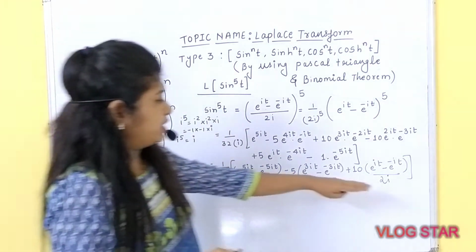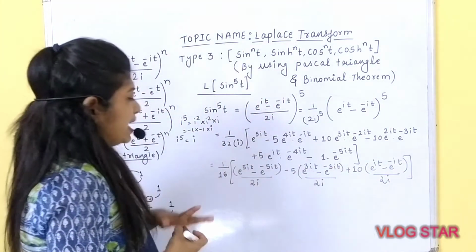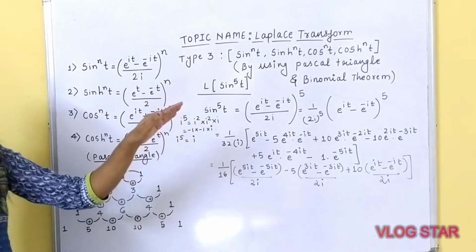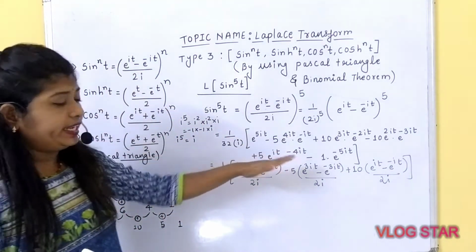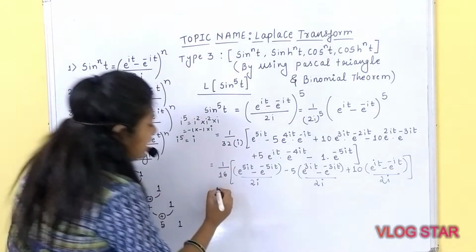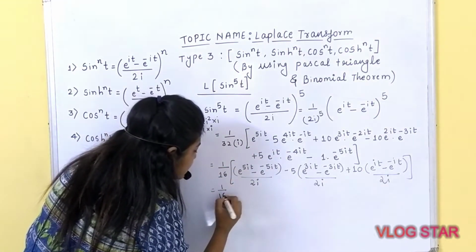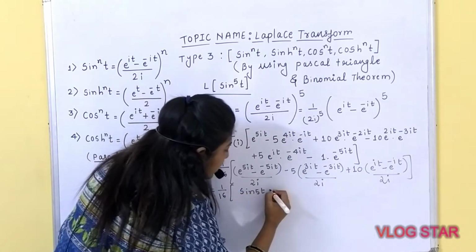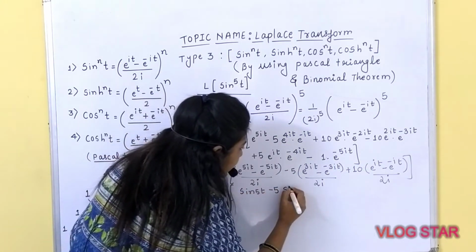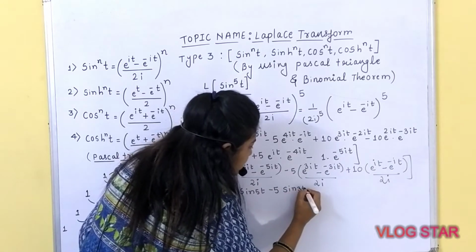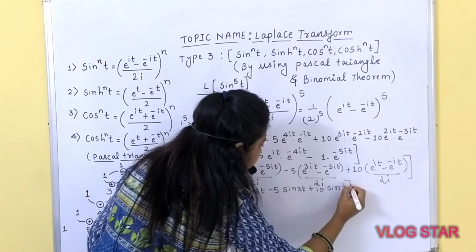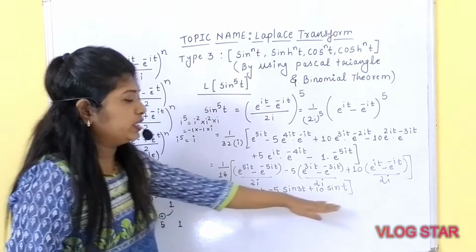I hope you have understood till this step. As I told you, (e raised to 5it minus e raised to minus 5it) upon 2i, we can write as 1 upon 16 sin 5t. Here minus 5 sin 3t plus 10 sin t.